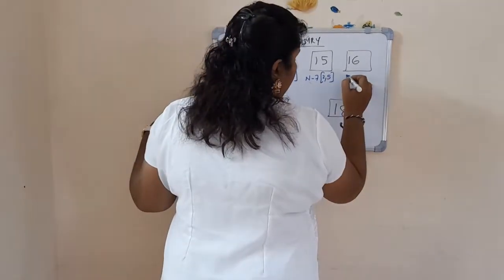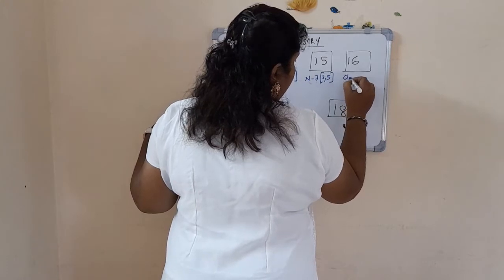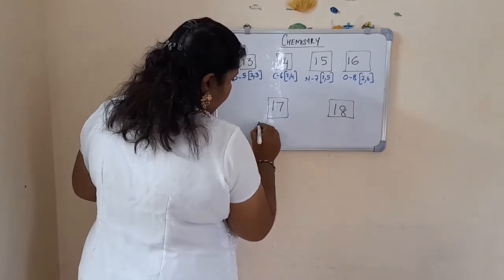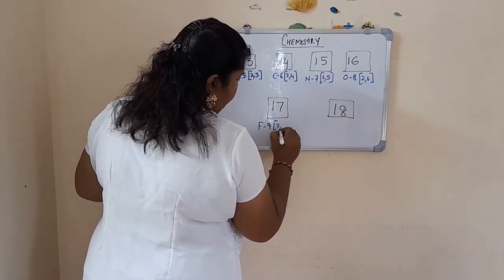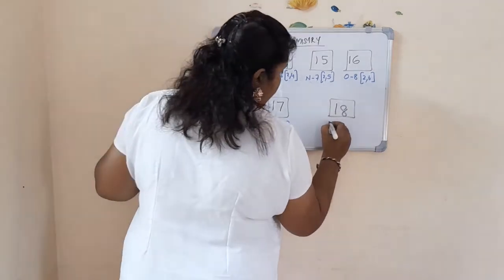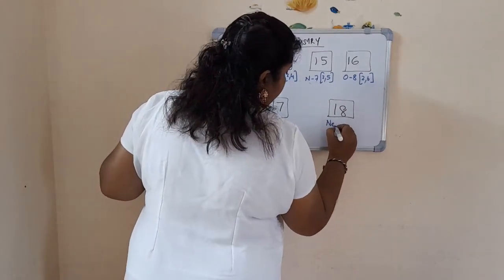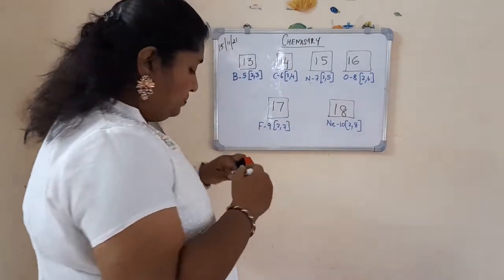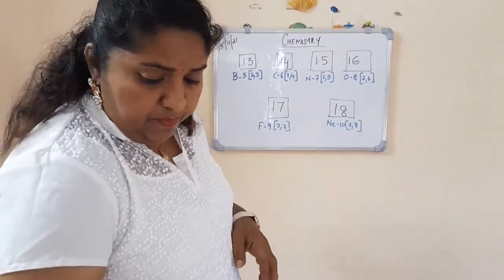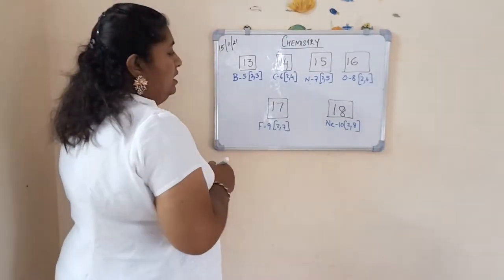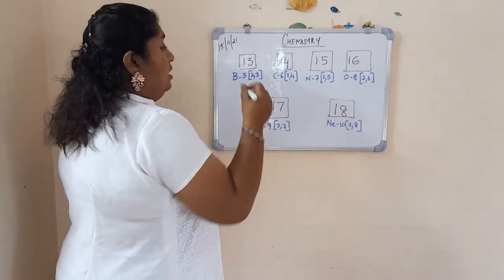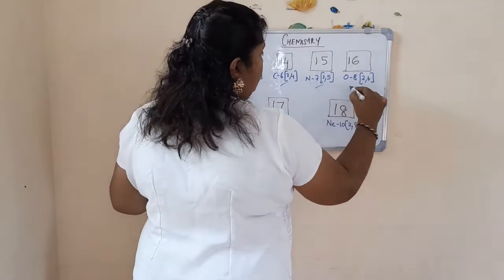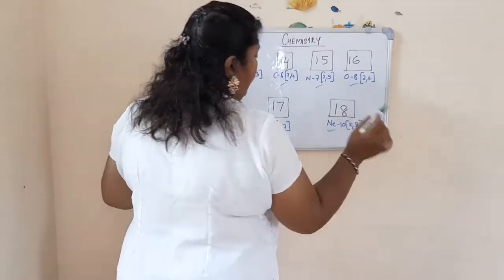Then oxygen 8, 2, 6. Fluorine 9, 2, 7. Then neon 10, 2, 8. Now here I have written the first member of group 13, group 14, group 15, group 16, group 17 and group 18.